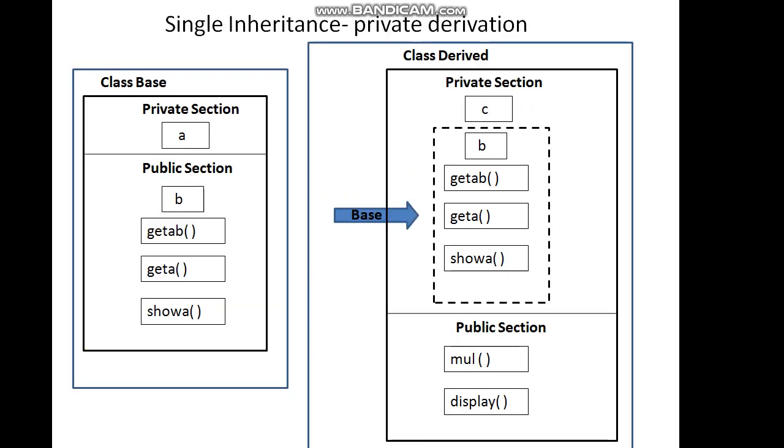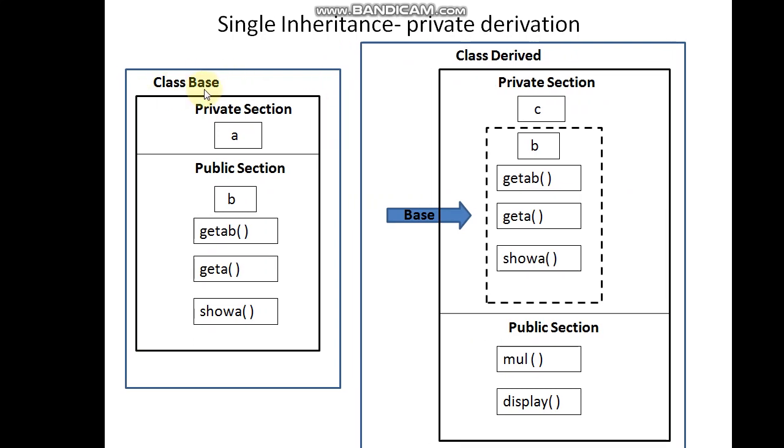Let's see this with an example. Again, we have the base class with A as a private data member. These are public members. If we inherit these properties privately into the derived class, private members are never inherited. Public members of the base class will now become private members of the derived class.